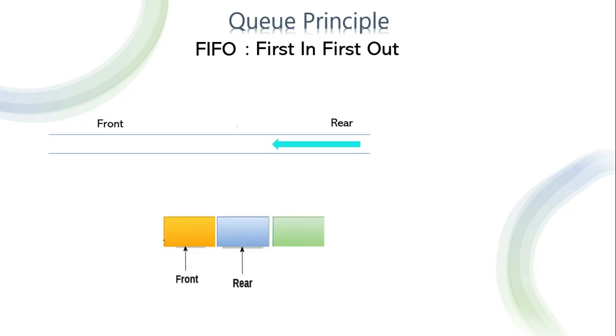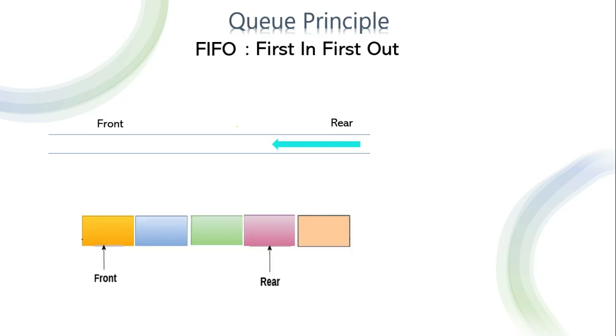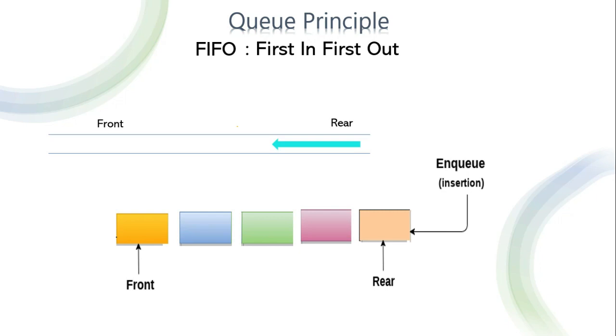And then again, you add another element, and the rear will change its pointer to point to the new element. So from this, we understand that the new element is always inserted at the rear end, so the enqueue operation or insertion happens at the rear end. And every time you want to delete an element, the first element to be deleted is the element at the front. So the dequeue operation or deletion happens at the front end.